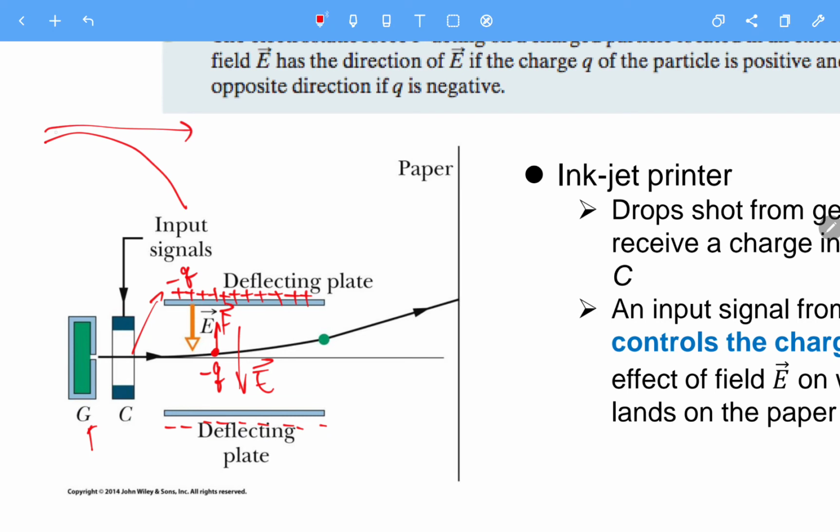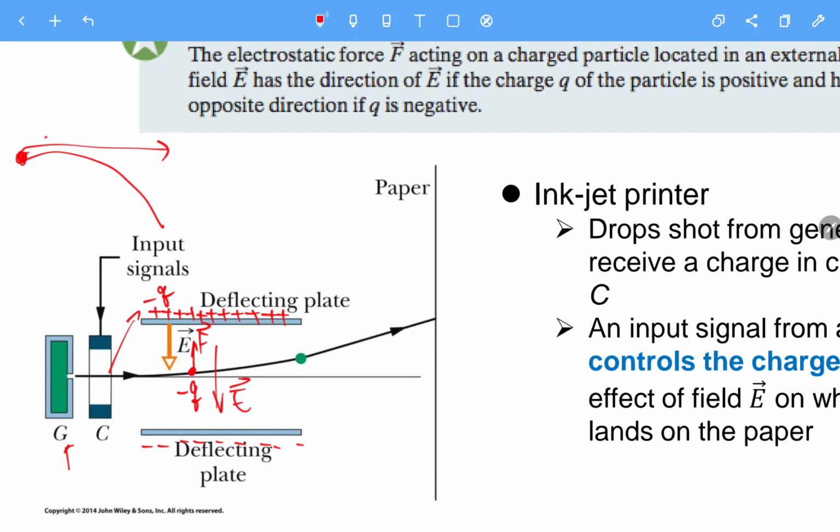Suppose you throw a thing to the right side with an initial velocity, and suppose the velocity doesn't change, and then this object will be accelerated by the gravitational force, mg.